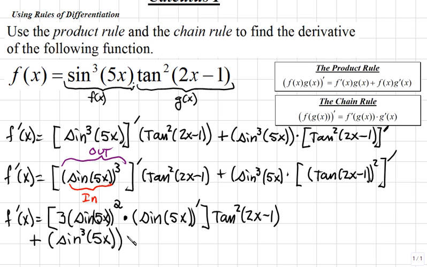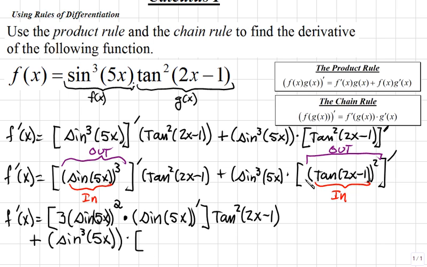And again, in order for us to find the derivative of tangent of 2x minus 1 all squared, the outer function will be raising to a power. The inner function is what we're raising to a power, which is tangent of 2x. So using the chain rule here, this will become the derivative of the outer power, which is squared.